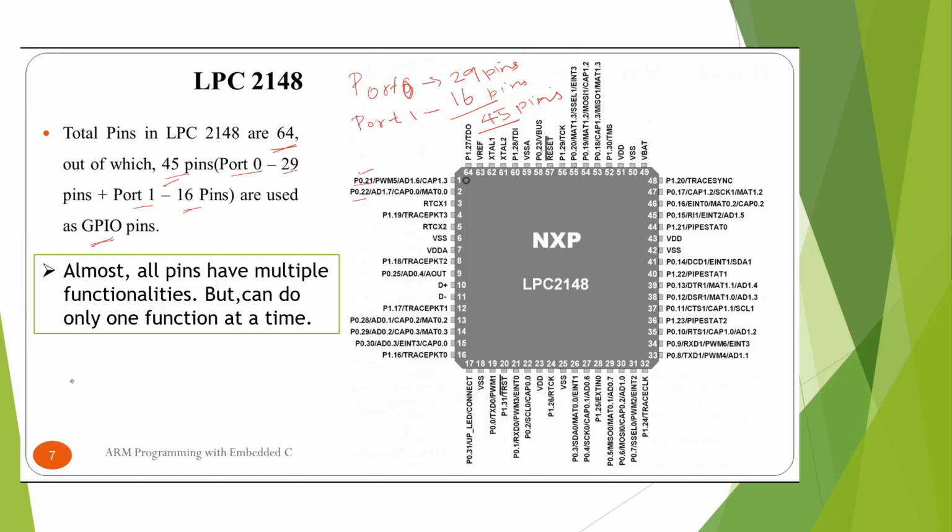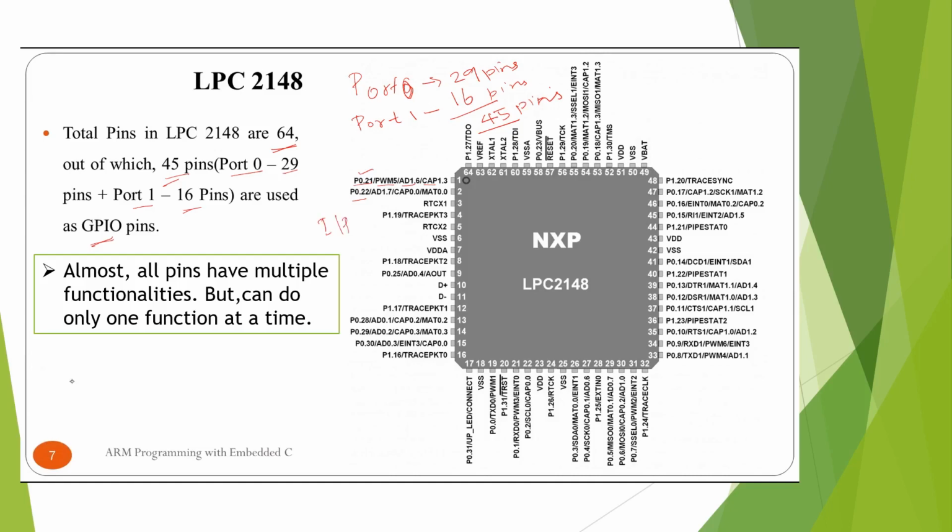And the secondary options are, this 21st pin can act for the generation of pulse width modulation signals, it can also act as an A to D converter, and it can also act as capture timing signals. So how can it be accessed? The default operation, the primary function, is input and output operation.